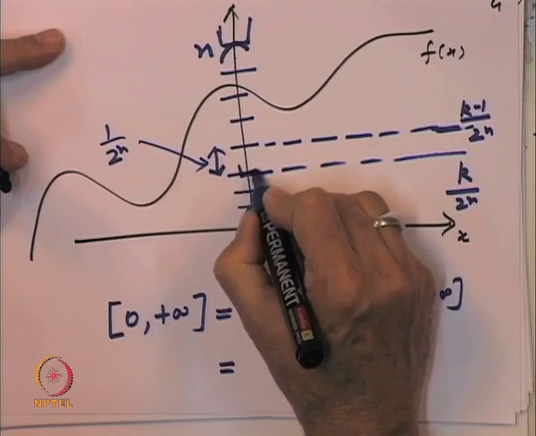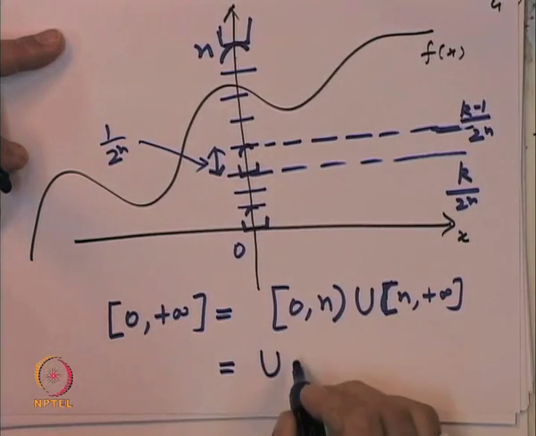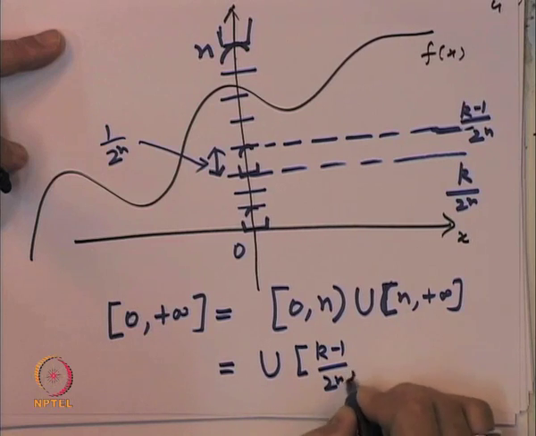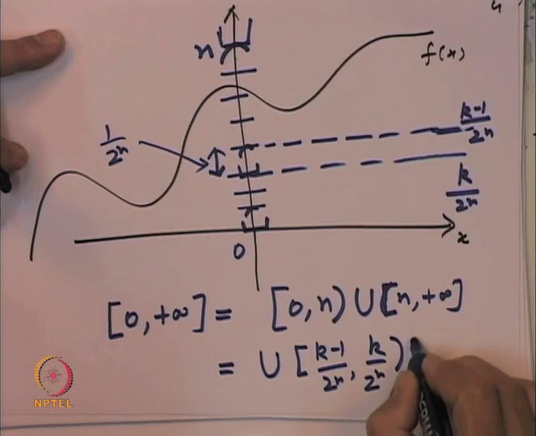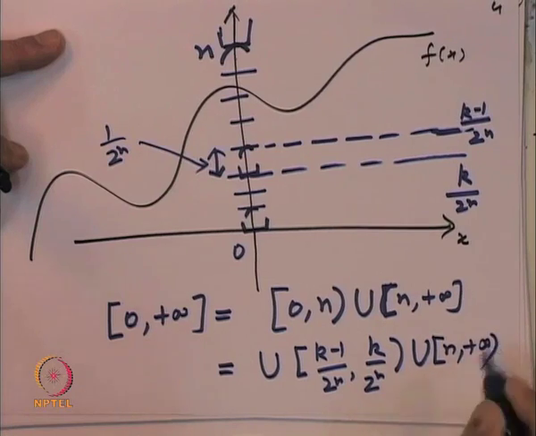Open at the bottom, closed at the top. So, I am going to write this as a union of intervals of the type k minus 1 by 2 to the power n, comma, k by 2 to the power n, union that other part, which we leave as it is, n to plus infinity.